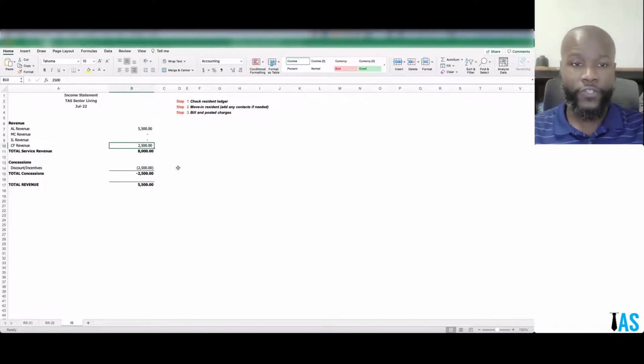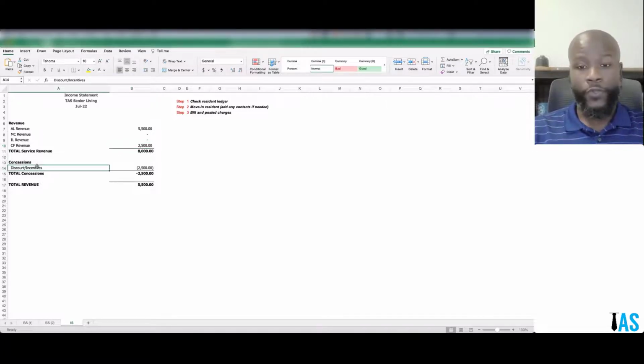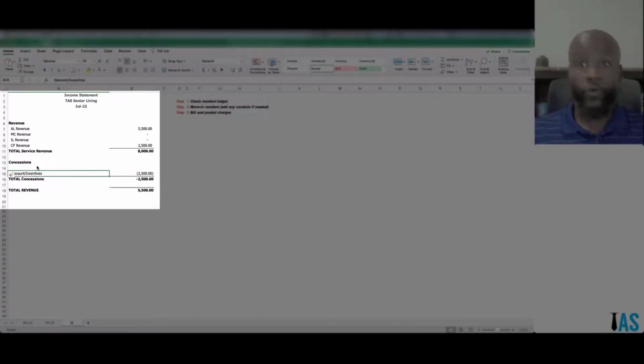So we put a $500 charge, put the cash in the bank, clear that AR, and then at the time of move-in, if they were only responsible to pay 500 of the 2,500 at the time of move-in, we would have a line item. Depending on your community, you may have it all in one line, or we have it spelled out.